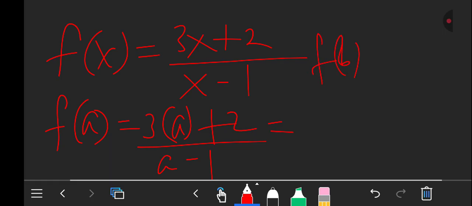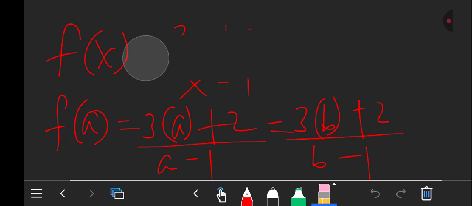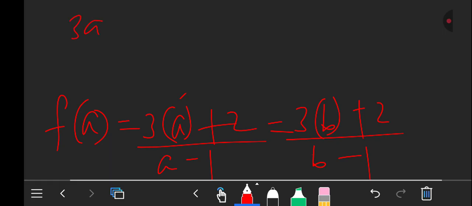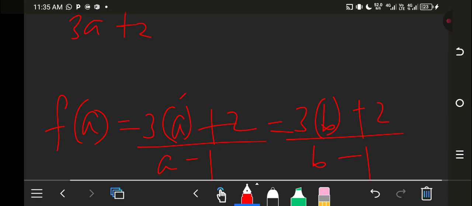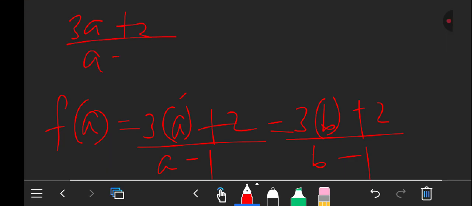Where there is x, we're going to substitute b, again, plus 2, where there is x, we substitute b, minus 1. Okay, so that is what we have. So basically what we are going to have is 3a plus 2 over a minus 1 is equal to 3b plus 2 over b minus 1.